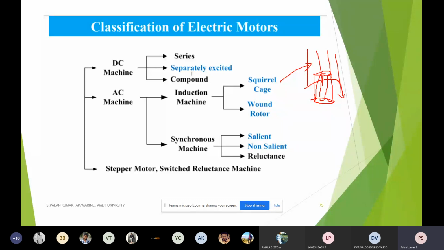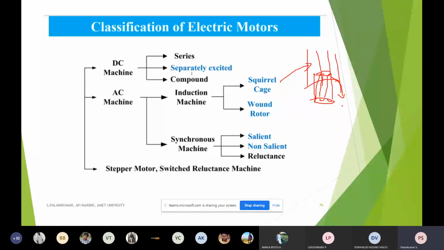Since the end rings are short circuited, a high current will flow, and that current makes the required torque. That is the basic principle of operation of any induction motor. If you use only skewed bars with end rings short circuited, that is called a squirrel cage induction motor.